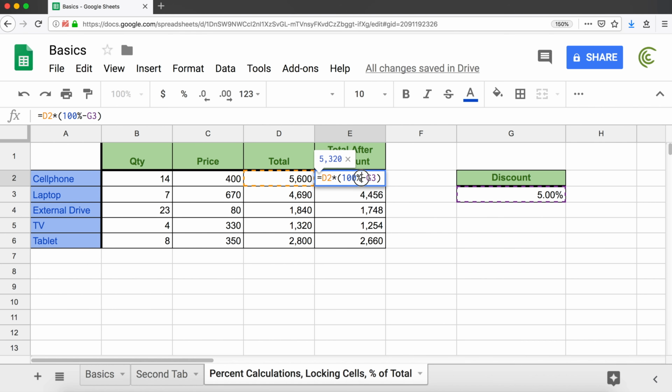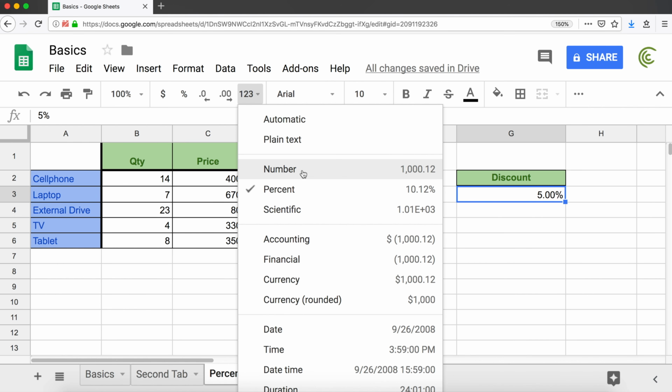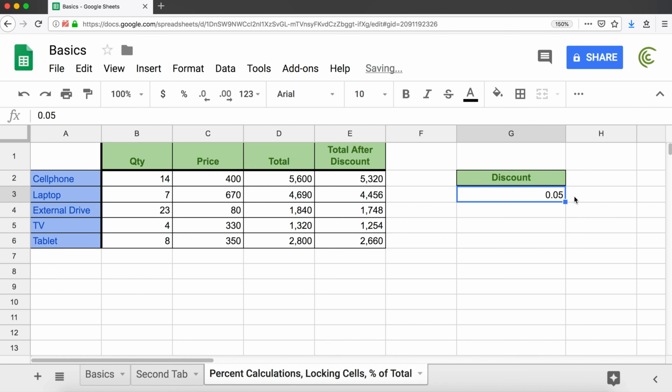Now, I don't want to write 100% here, although you could. I'm just going to write 1, which again is 100%. Because if you remember, when I was looking at the cell as a number, it's 0.05. So if I take 1 minus 0.05, I'm going to get 0.95, which is that 95%.